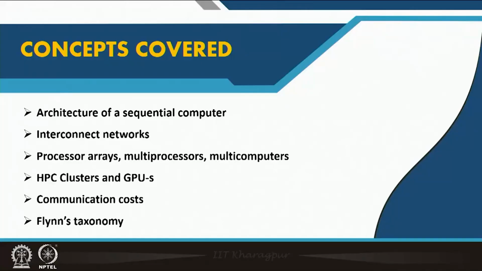We will look into communication costs, which is extremely vital in understanding high performance computing, because as I said, high performance computing means multiple computers or multiple processors connected in some way, working together to solve different parts of the same problem. While doing that, they need to communicate across themselves, they need to do synchronization, they need to send data from one processor to another, or they need to write data to a common global memory space, which requires a certain amount of computation and communication among themselves, which has a time delay and some cost in terms of computing.